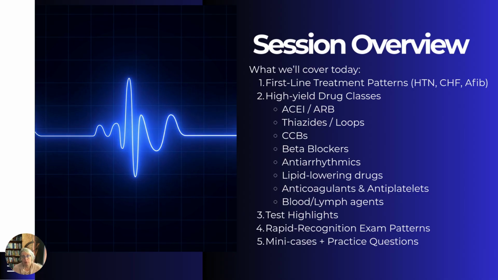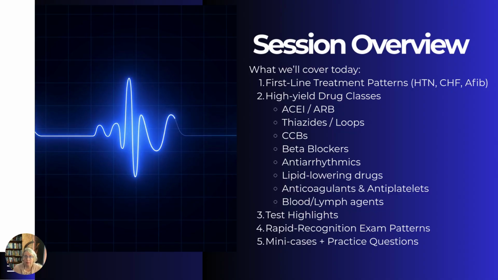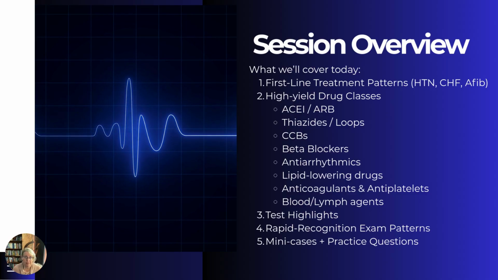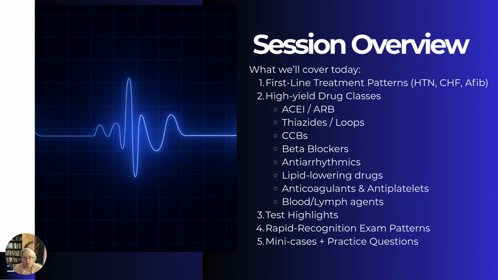First line therapy means choosing the correct class by comorbidity. So we need to know for sure what's going on with the patient and what the first line is for that. For the mechanisms, we need to know one sentence that defines the class of each of these. Is it an ACE inhibitor? Is it an ARB? And the adverse effects of each drug. We need to understand electrolyte shifts, especially with loop diuretics and thiazide diuretics.